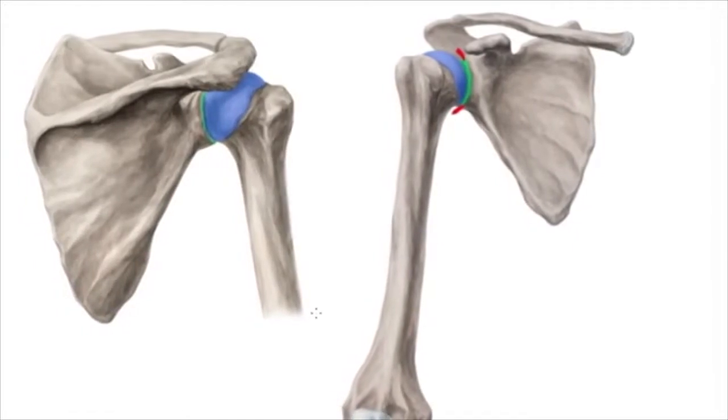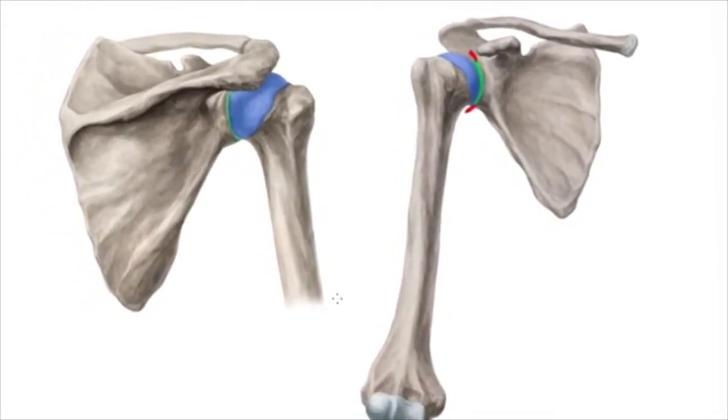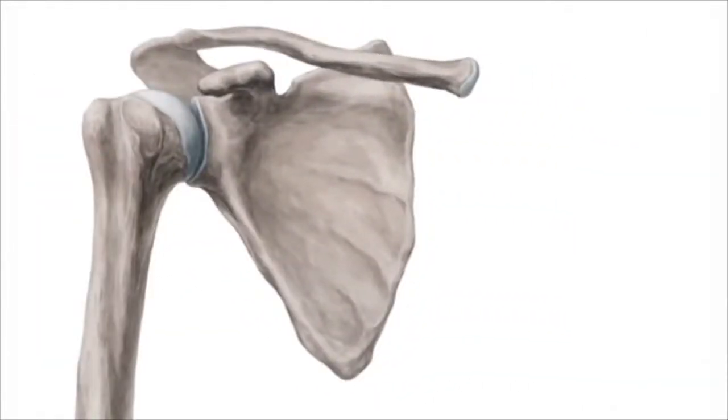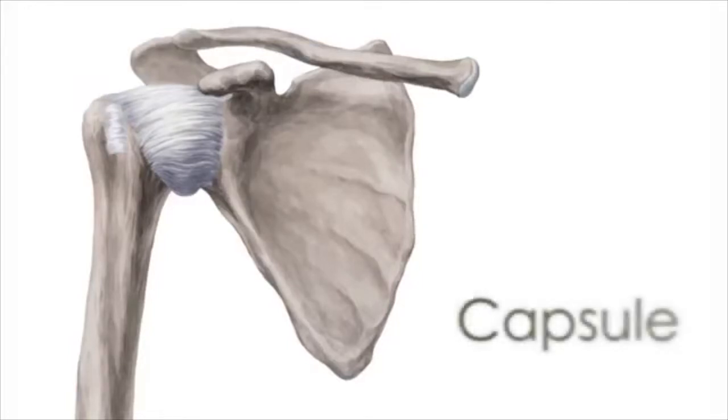With weak ligaments and capsule, the joint is primarily stabilized by the rotator cuff muscles and other muscles that we're going to see later in this tutorial. As you can see here on this image, I zoomed in on the anterior view of the shoulder joint, where I'm going to start talking about a very important feature known as the capsule.